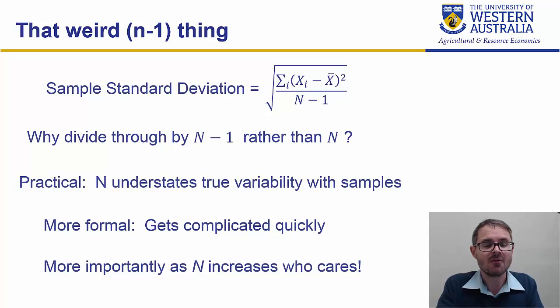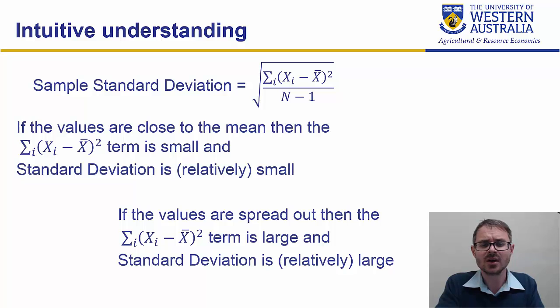So rather than forcing you through all of the notation that can prove that it's n minus 1 rather than n, I just thought, well, let's not worry about it, okay? And move on with life and get on to the practical things like how we're going to use this measure of standard deviation. Rather than the formula, it is good to have an understanding of what's going on though.